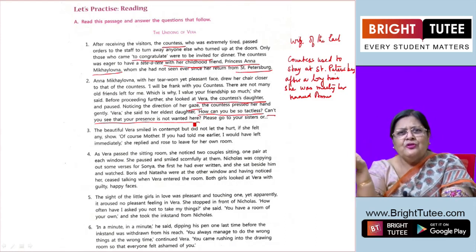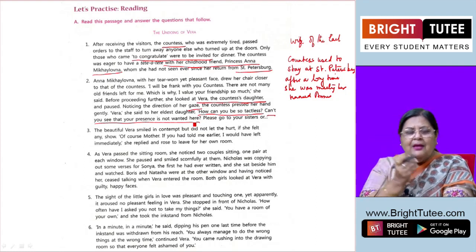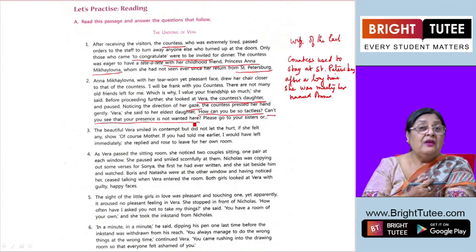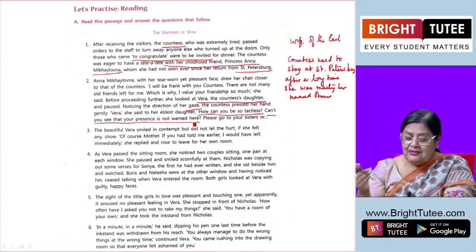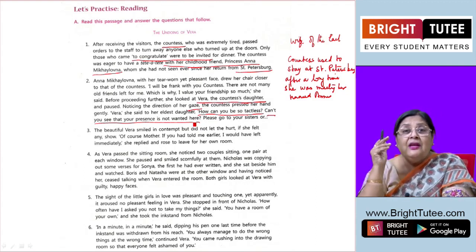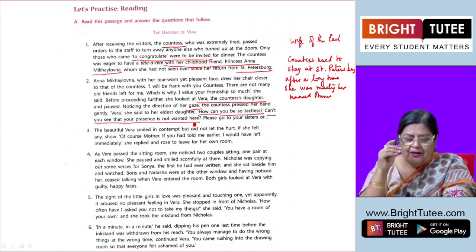She could have introduced both of them to her friend, and then she could have said, Vera, since the two seniors, your mom and her friend, are talking, would you please like to go and sit inside and do what you want? But the positive way wasn't taken by the countess. She spoke very rudely to Vera.